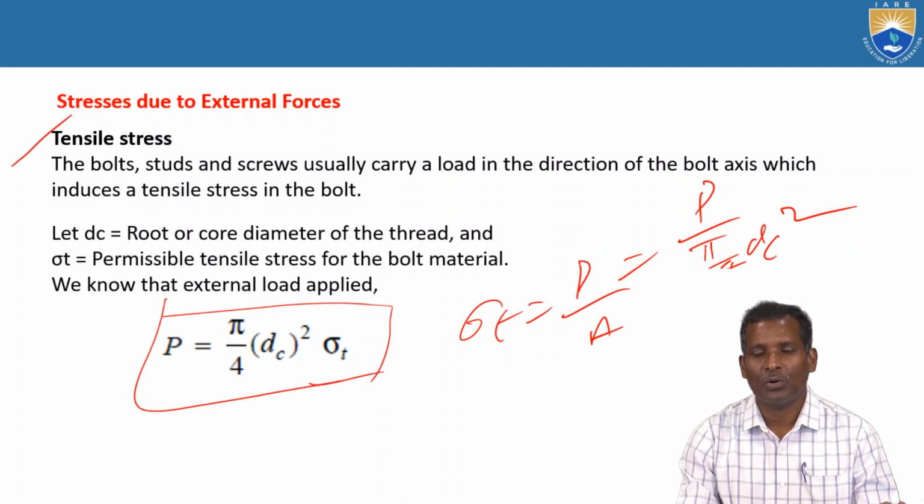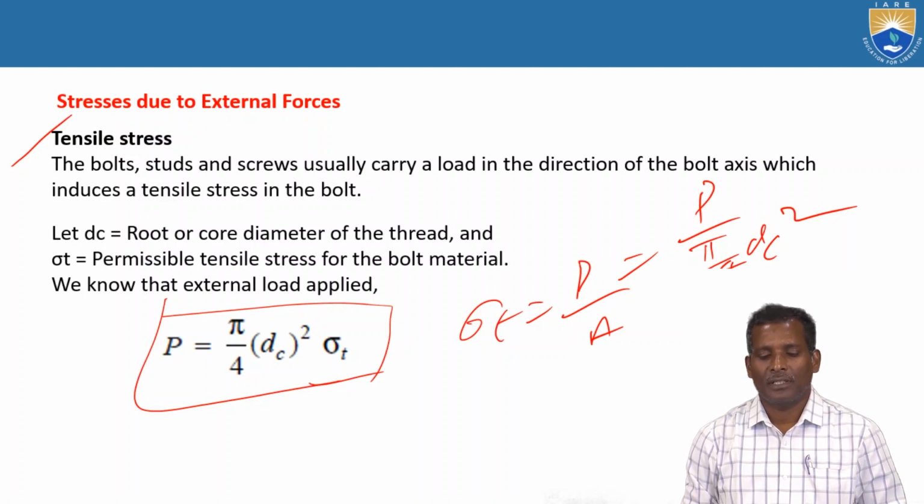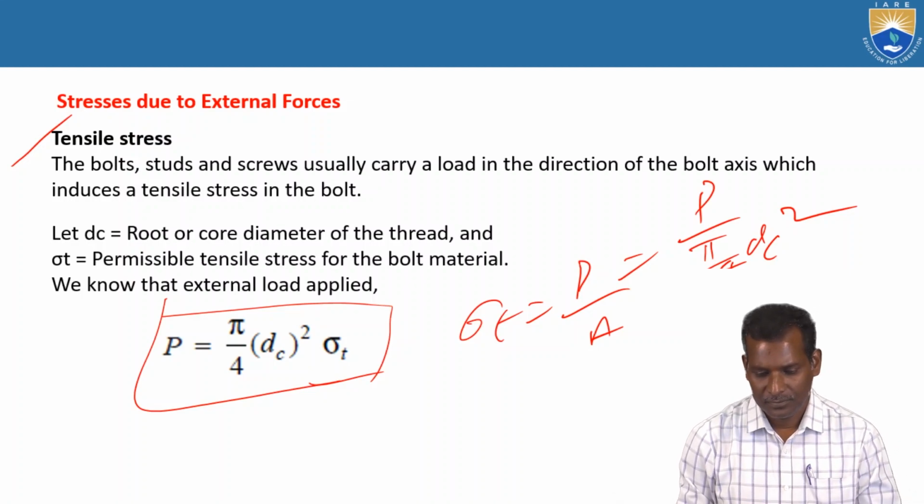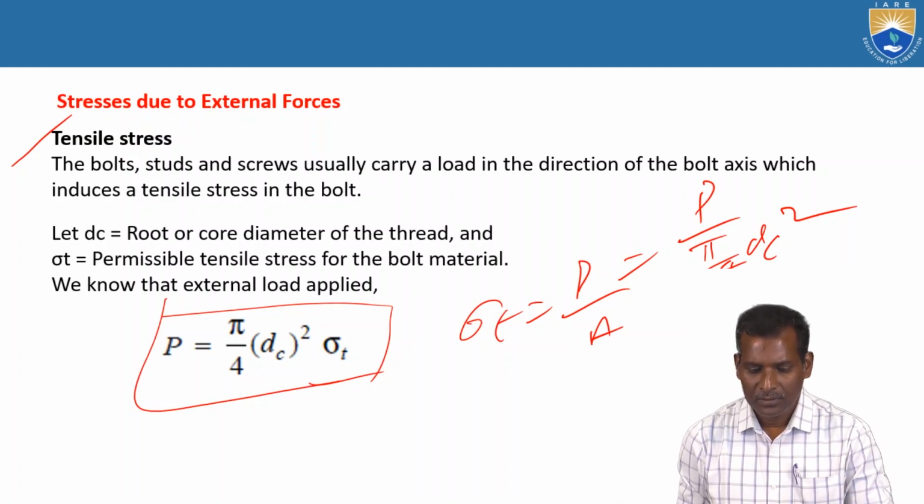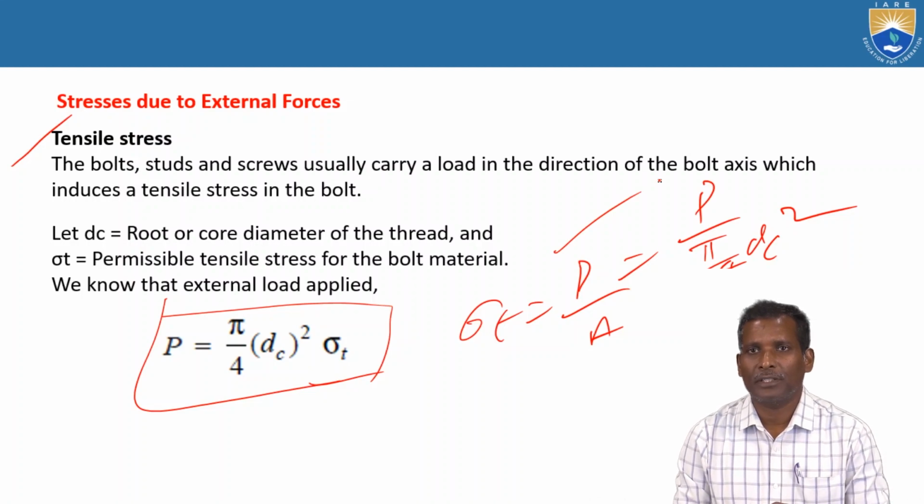Here dc is the root or core diameter, and σt is the permissible tensile stress. So the load is the external load when it is subjected to external load.